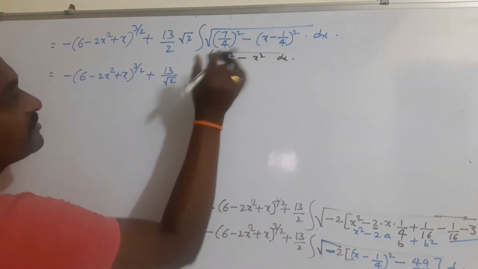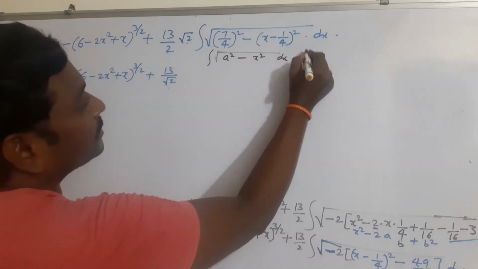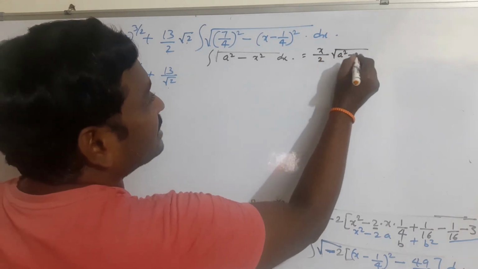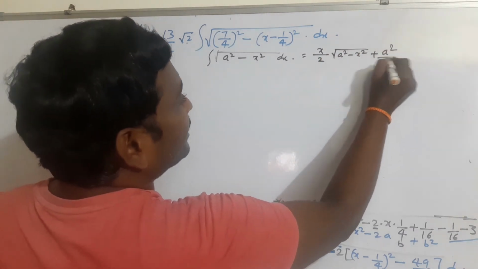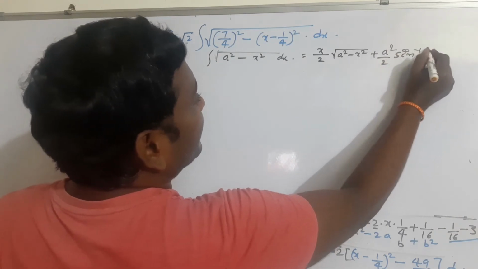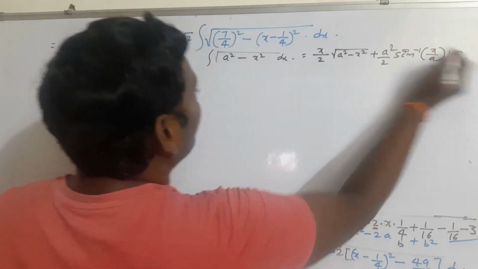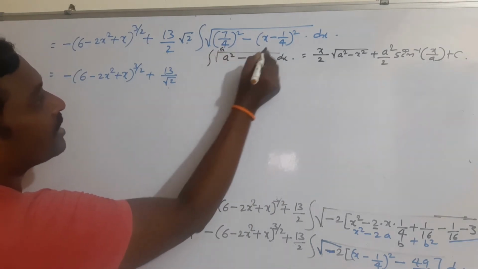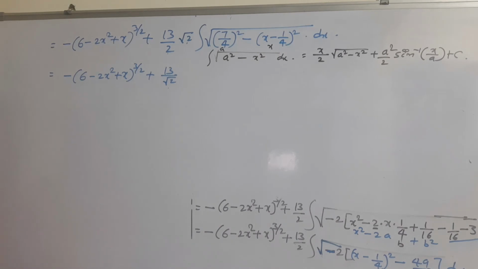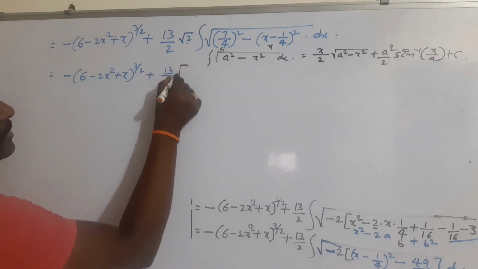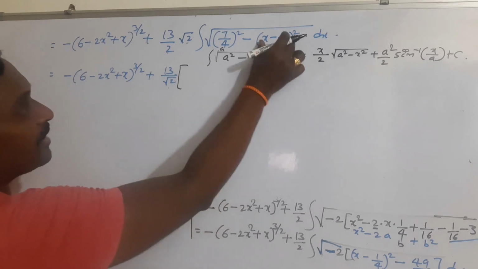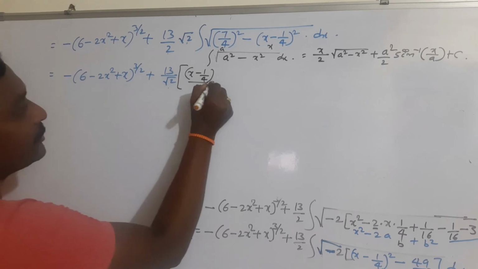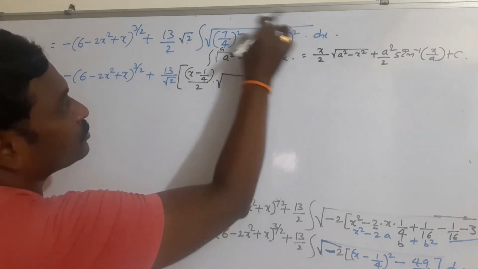Clearly this is in the form of this one. What is the formula for this one? x by 2 into root over a square minus x square plus a square by 2 of sin inverse of x by a plus c. This is the formula for this one. So we are observing that here a is equal to 7 by 4 and x is equal to x minus 1 by 4. That's why it becomes, please open a bracket, x by 2. x by 2 is nothing but (x minus 1 by 4) whole by 2 into, write the similar root. Which root is here?